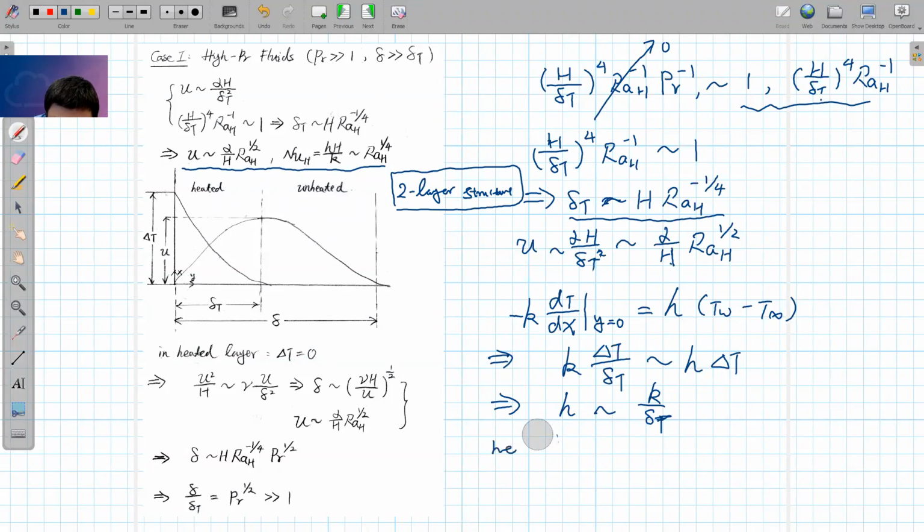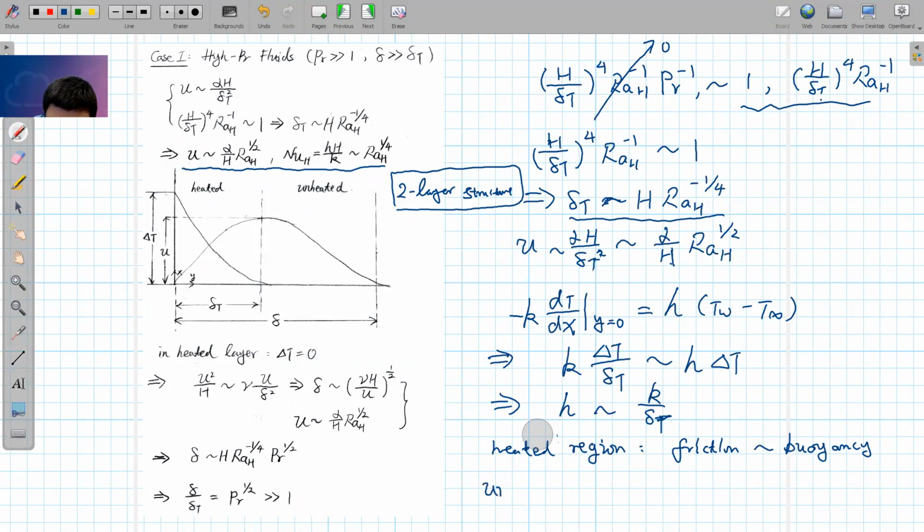In the heated region, your friction term will need to be balanced with buoyancy, because the buoyancy effect is strong, as you have a large temperature difference in this temperature boundary layer. And it is also close to the wall, so the friction effect is strong.